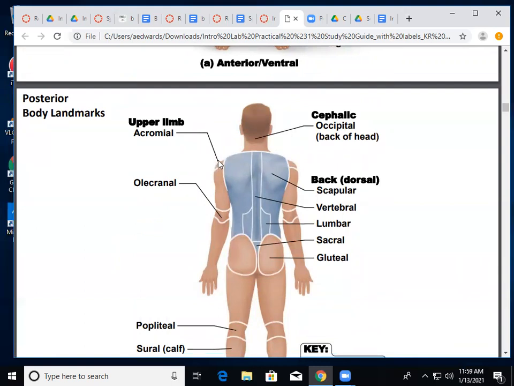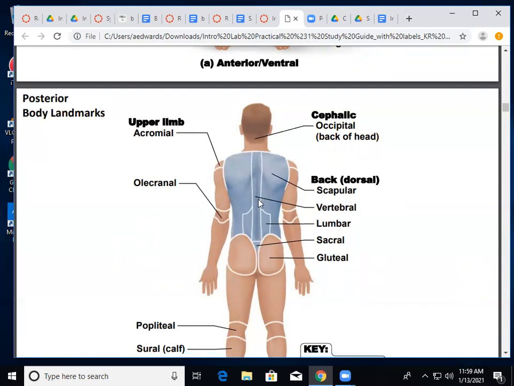Here's your acromial region in the shoulder. In the upper limb, just like the front space was antecubital, this back space where your elbow is, we call olecranal. There's a part of one of your bones, the ulna, called the olecranon. That's why it has that name, it fits there.